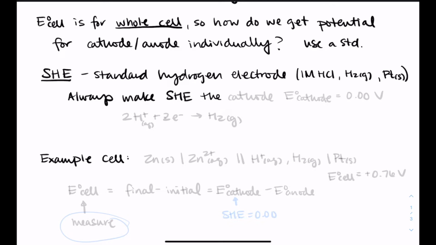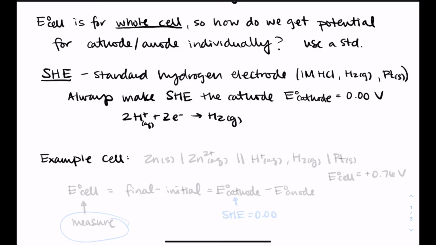When we reference it, we always make the standard hydrogen electrode the cathode and set it equal to 0. So the cell potential for the cathode is 0 volts. The reaction that's happening is H plus getting 2 electrons to make H2, right? It's always the cathode, so it always has to be reduction.